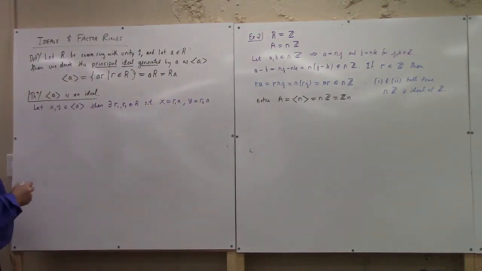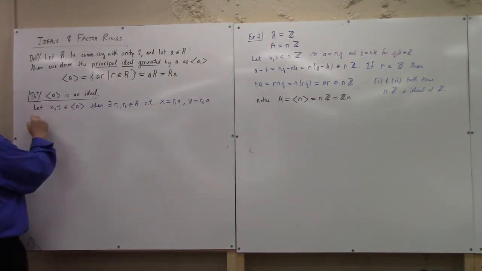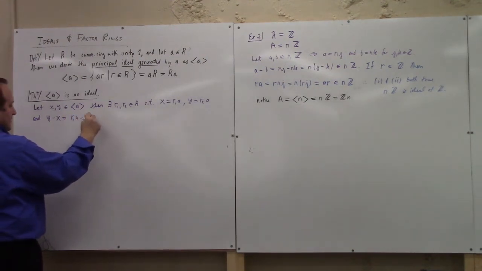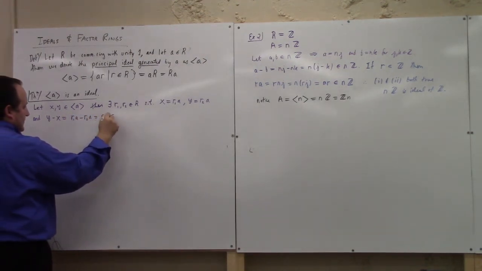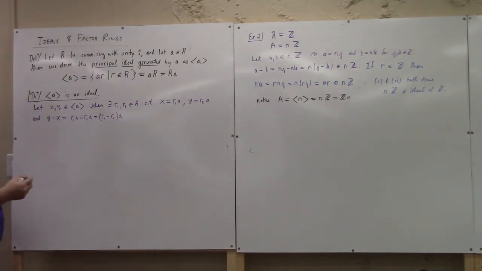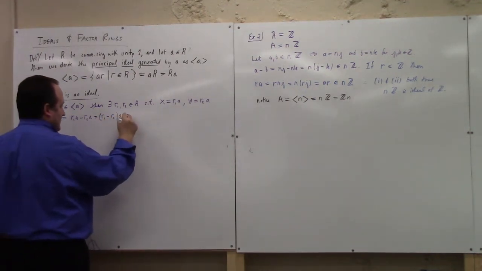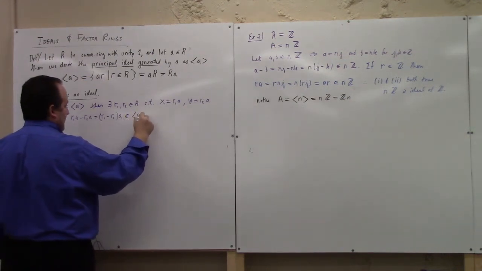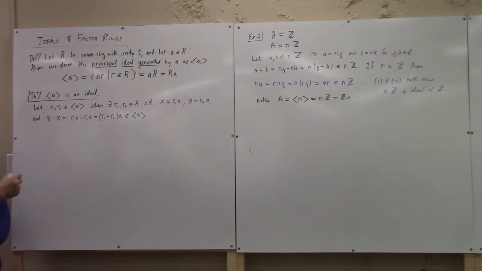If we look at y minus x, what do we get? We get r2a minus r1a, which is (r2 minus r1)a, which of course is an element of the principal ideal generated by a. So we have condition 1 met for the ideal test, closure under subtraction.